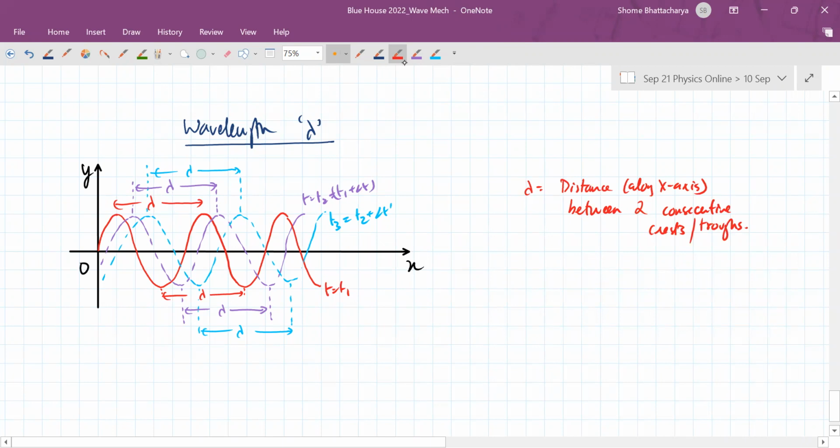Okay. But there's also another way to understand it, which is on the basis of the particles. If you look at any two particular particles, like this particle located over here, which is x1, let's say this particle located here, x2, this particle located here, x3 and x4, etc.